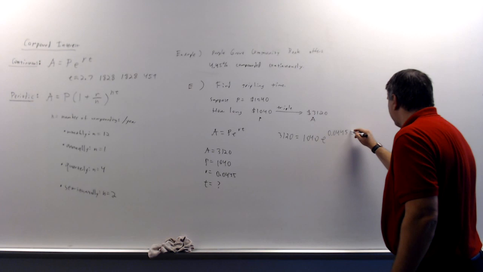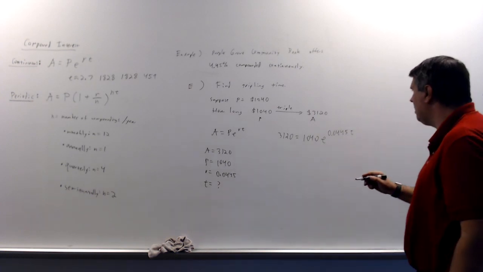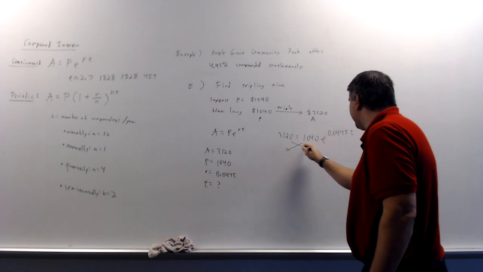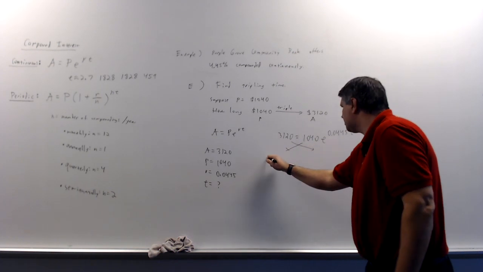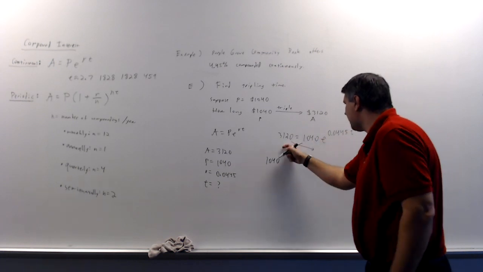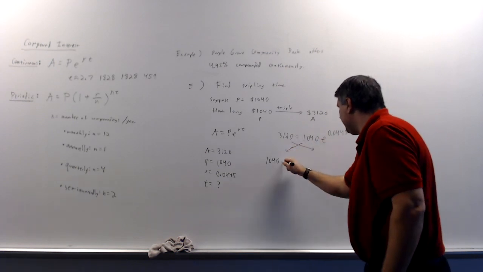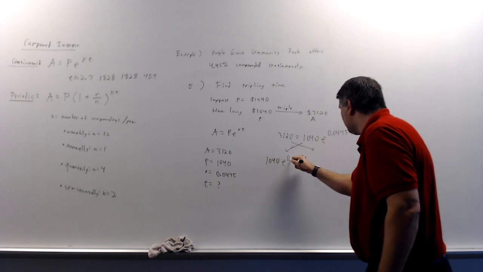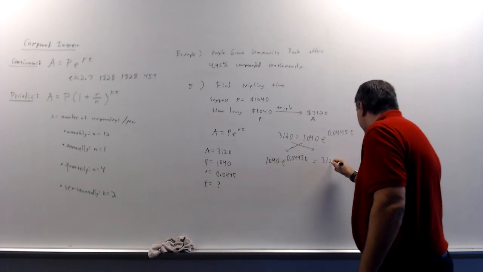Okay, I'm sorry, my brain went back in time. I'm solving for t, so I will switch the sides and divide. Because t is my unknown, I want to move that to my left. So 1,040 e to the 0.0445t power equals 3120.